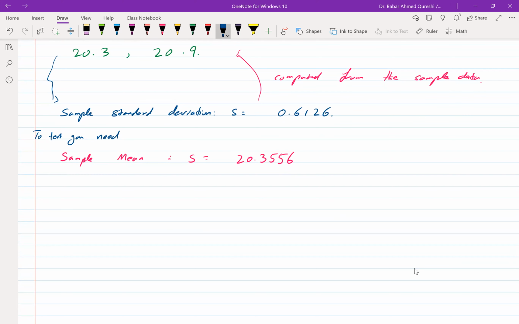Now a significance level has to be specified. So suppose we test with a significance of .05. Since I have a two-sided alternate hypothesis, I will have to divide the significance on the two sides. So alpha by 2 would be 0.025.